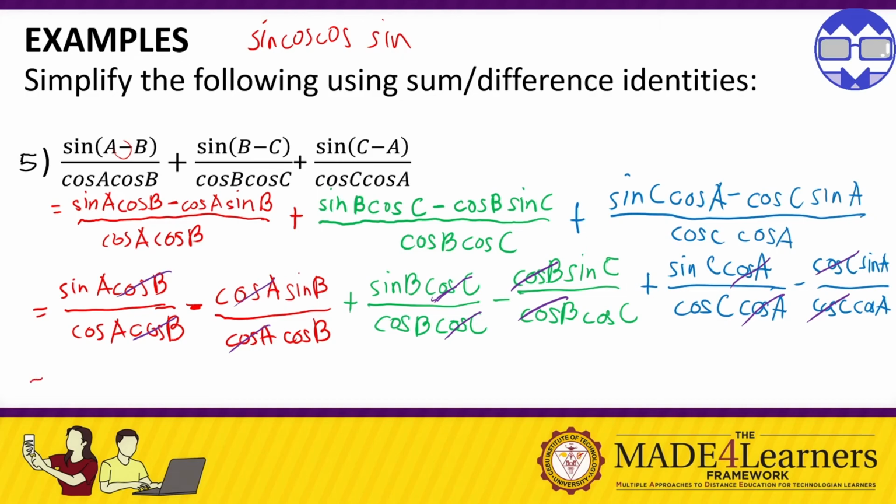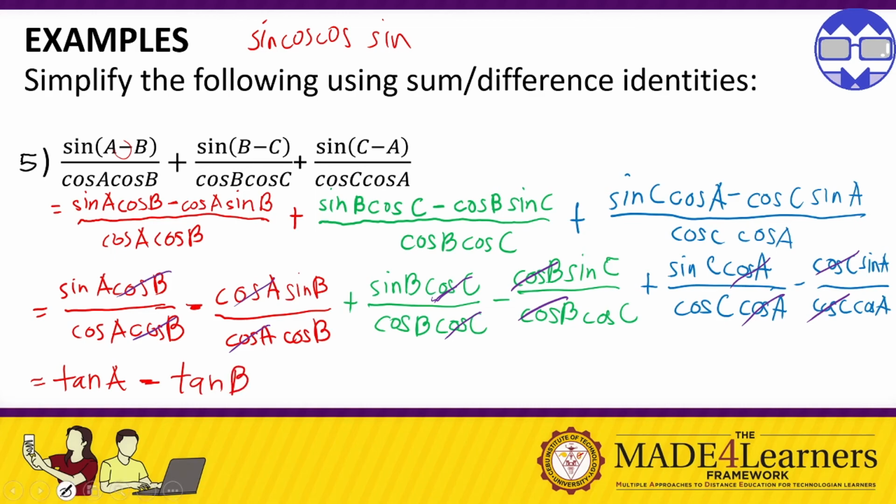We'll have sine A over cos A, this is simply tangent A. Then here we have sine B, so minus sine B over cos B, which is also tangent, but it's B.